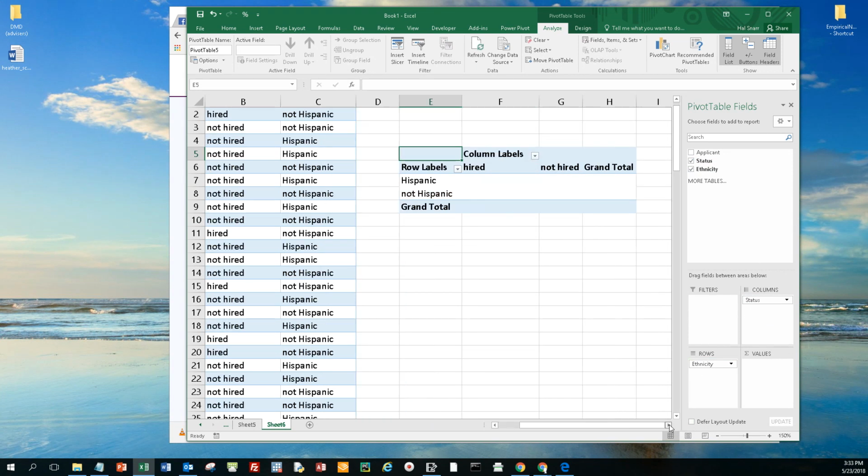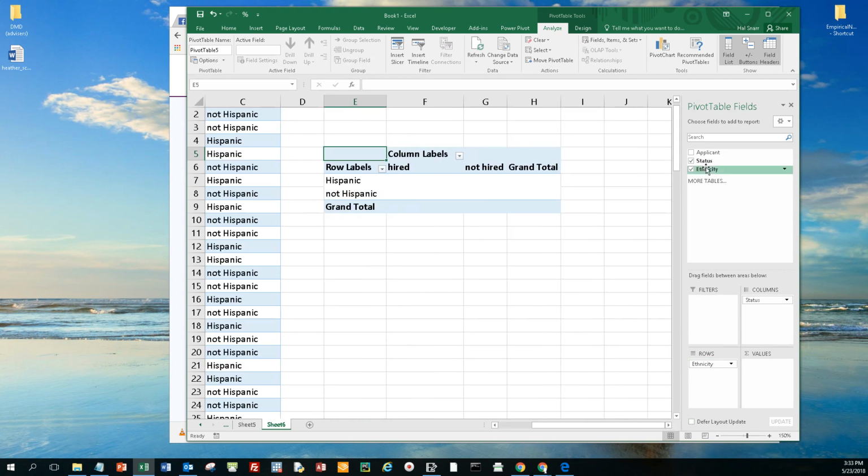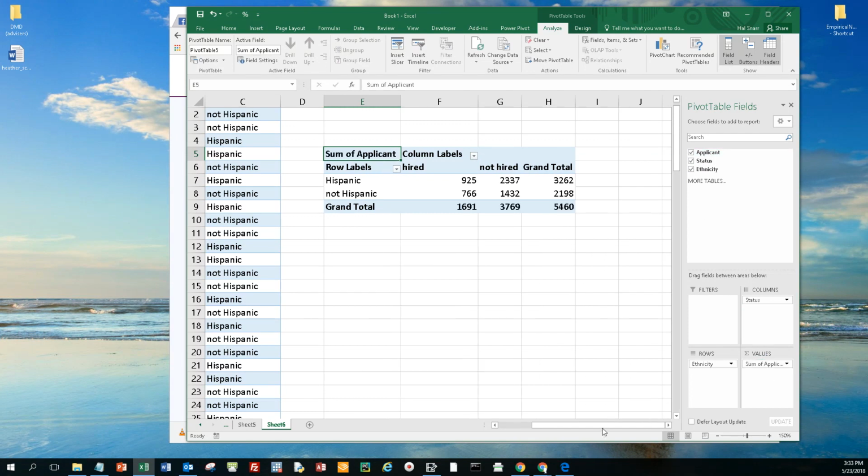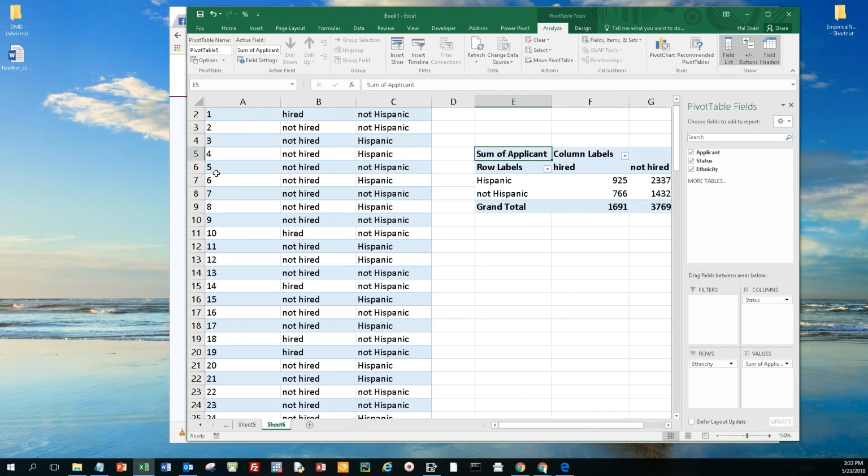And then I can drag applicant here, but because applicant is a number, the default when this is a number is to sum. So I'm going to go ahead and just unclick that, and I'll just drag status into here.